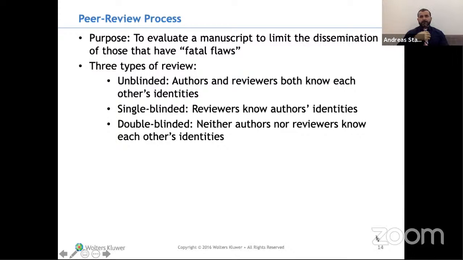I'm a reviewer. I'm also an editor in a journal. So when people finish the manuscript, they submit it to a journal that they think is most appropriate, right? I see it as an editor. If I think it fits, then I see the quality. And if I think the topic is great and the quality is great, then I send it out to reviewers, right?